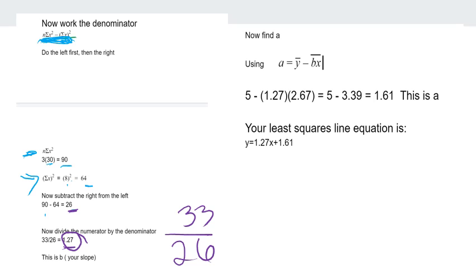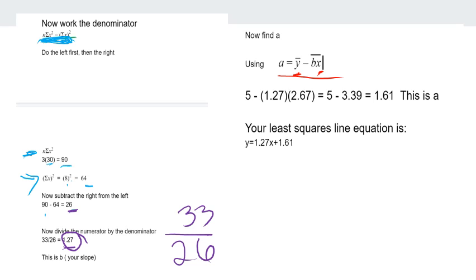Now let's find a. This one is super easy. Here is our equation. We have to take our y bar, or the mean of the y's, and then subtract b, which is what we just found, the 1.27, times your x bar, which is the mean of the x's.